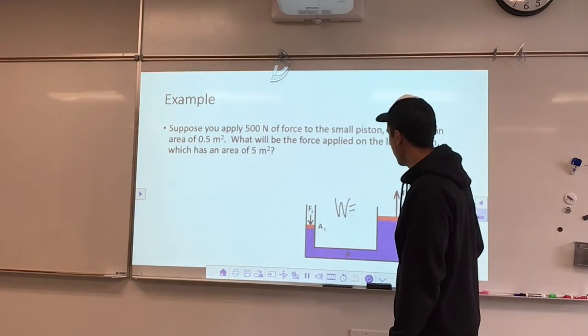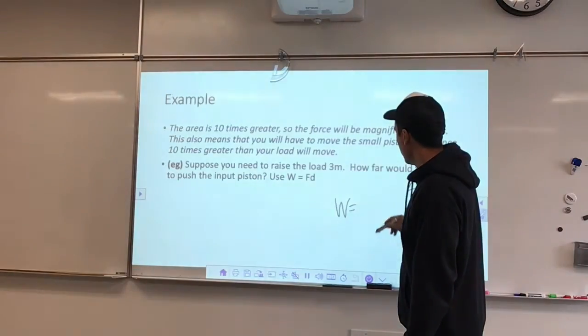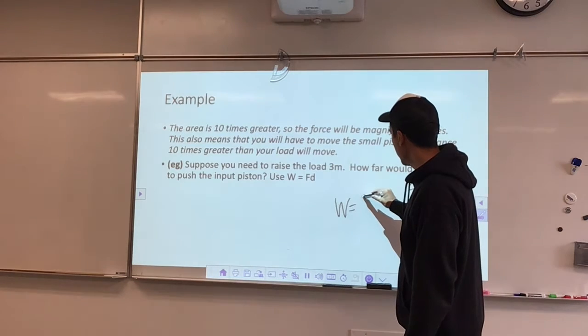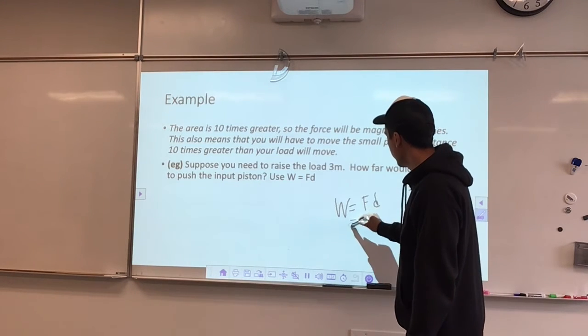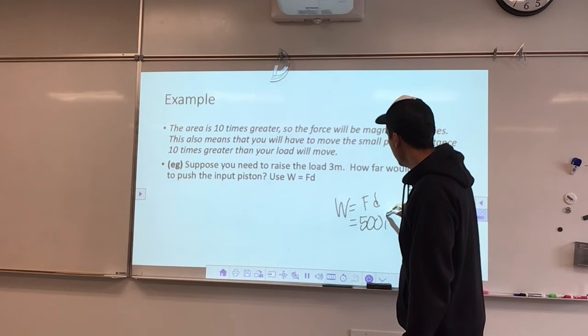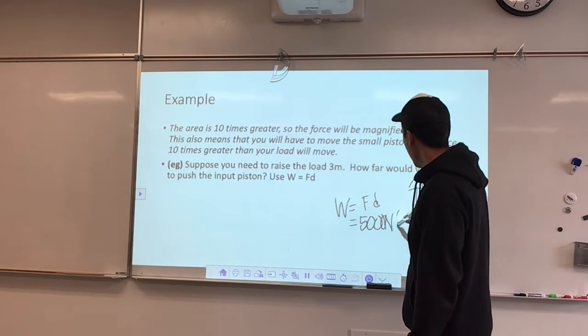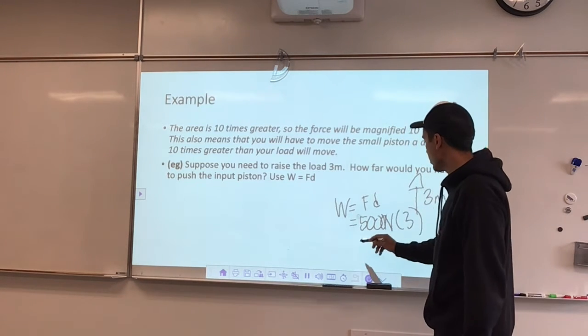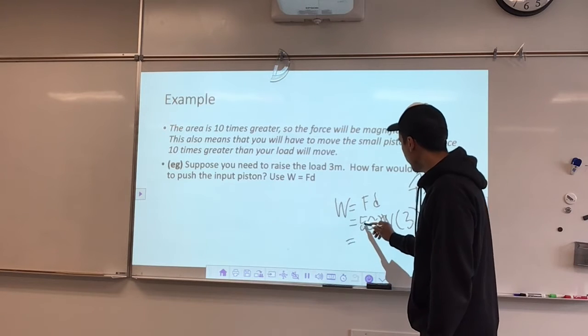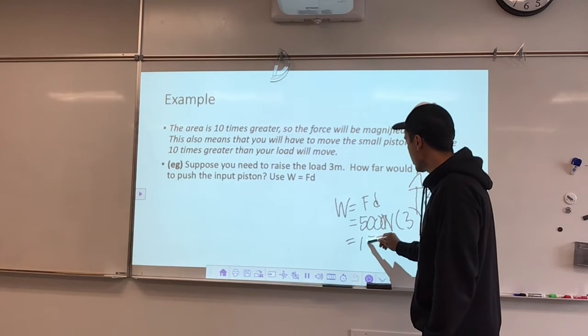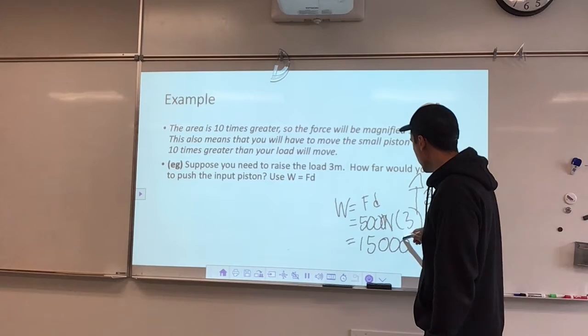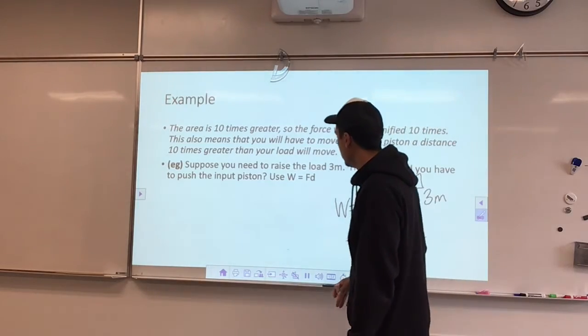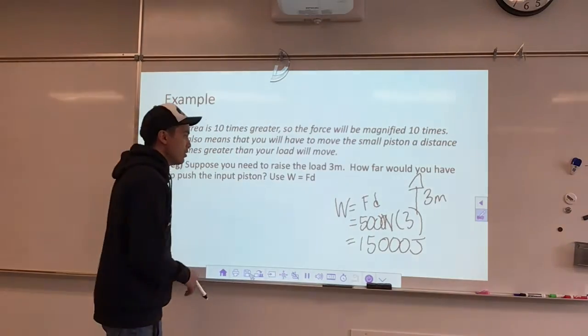I just realized. But my force was, work equals FD, my force is 5,000 newtons, and the distance I need to move it is 3 meters. So that means the amount of work that I have to do is 5,000 times 3, which is 15,000 joules.